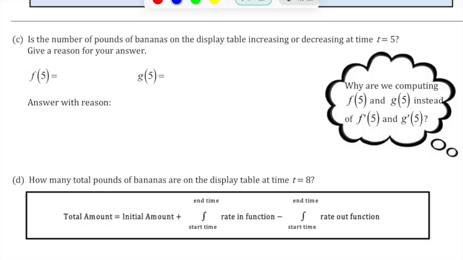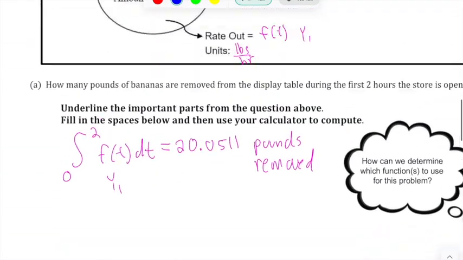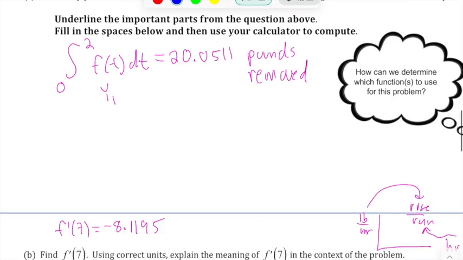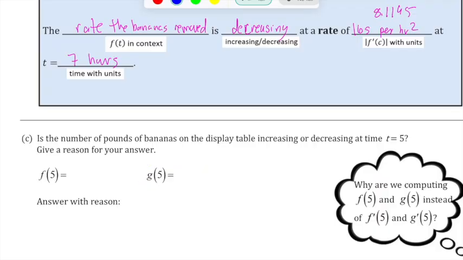G of 5 is the amount that the bananas are coming in. Your rate in is G, and your rate out is F. This is how much bananas are coming in at time equals 5. This is how many bananas are going out at time equals 5 in pounds per hour.